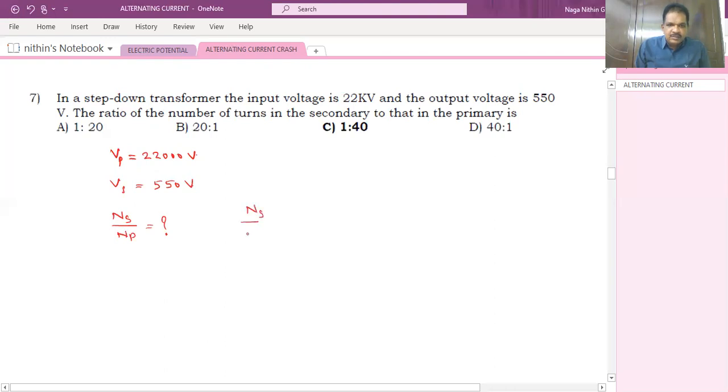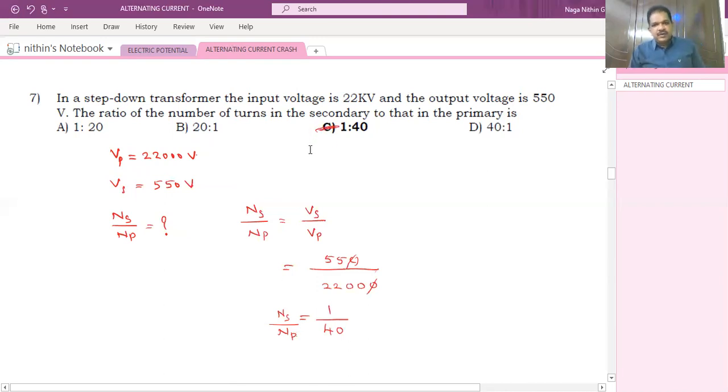Ns by Np is equal to Vs by Vp. So Vs value 550, this is 22,000. 0 will cancel. This value will be 1 by 40. Ns by Np is equal to 1:40. This is the answer for it.